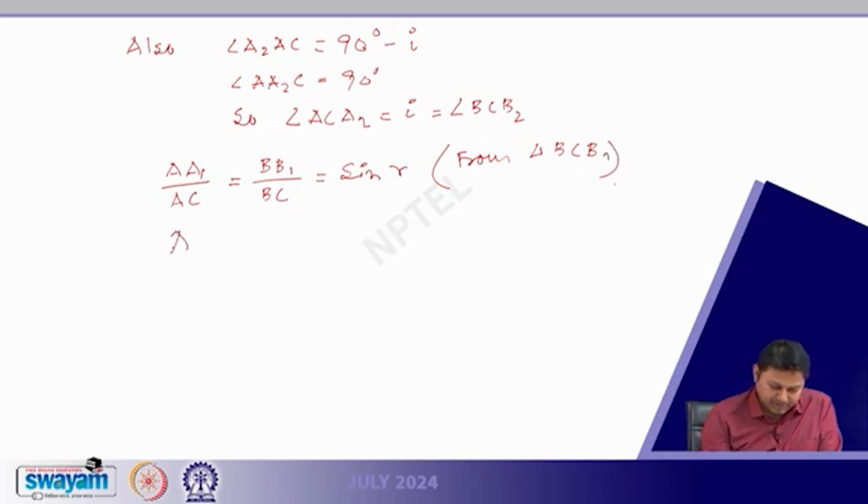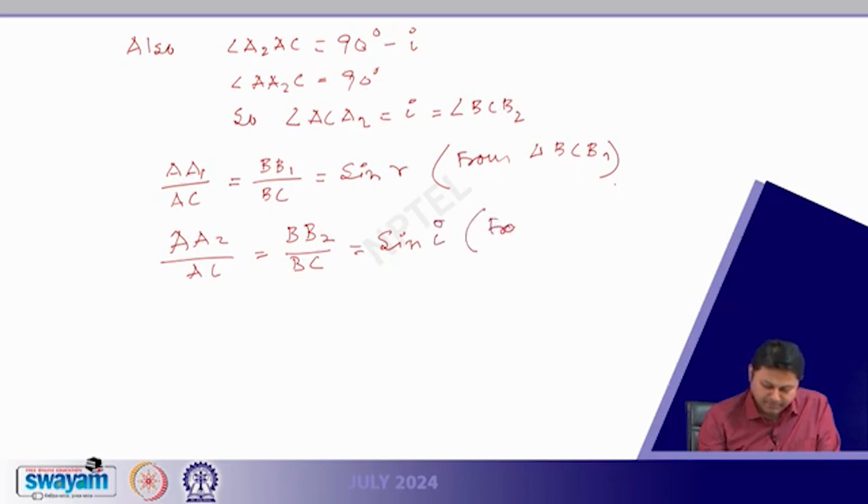Similarly, A2 divided by AC is B2 by BC. It should be sine of I from triangle BCB2.